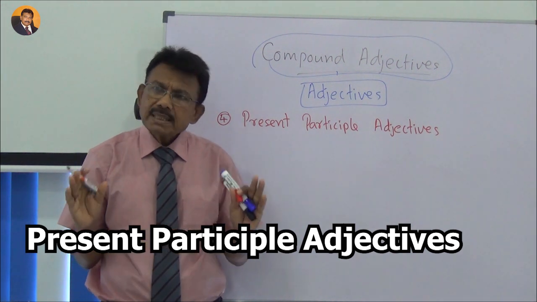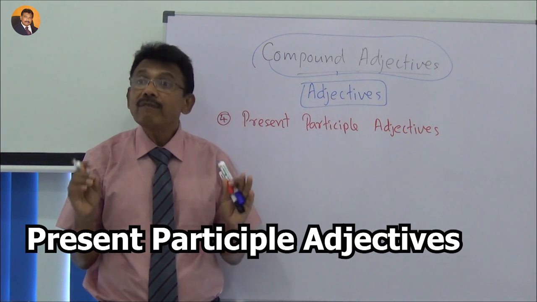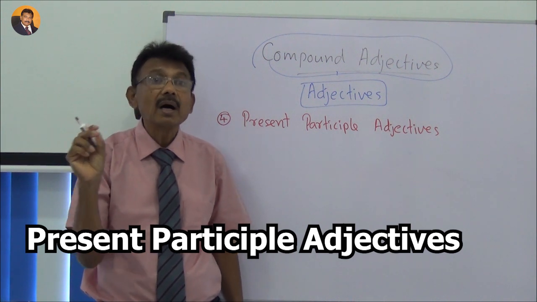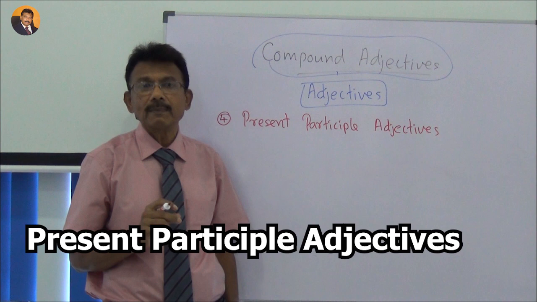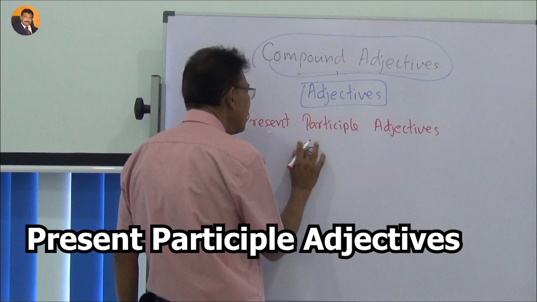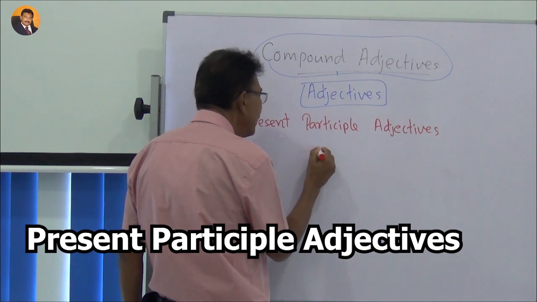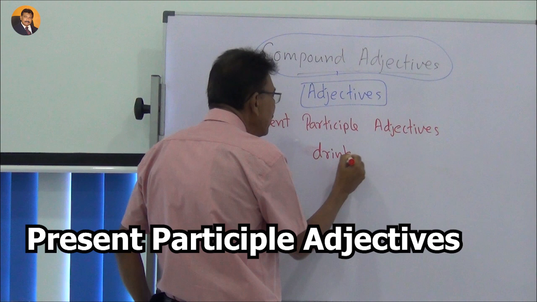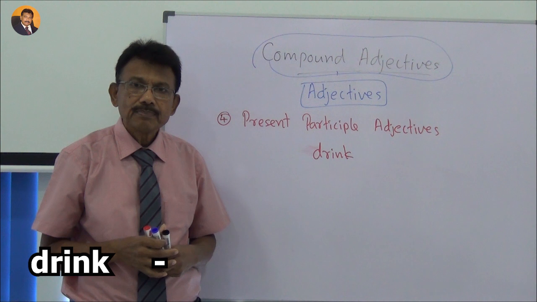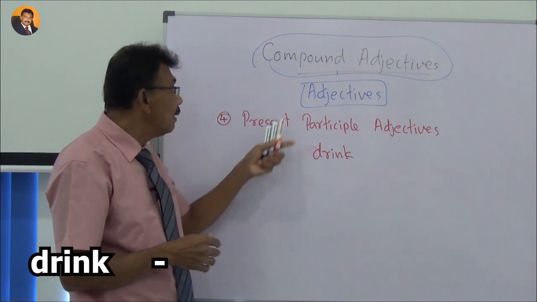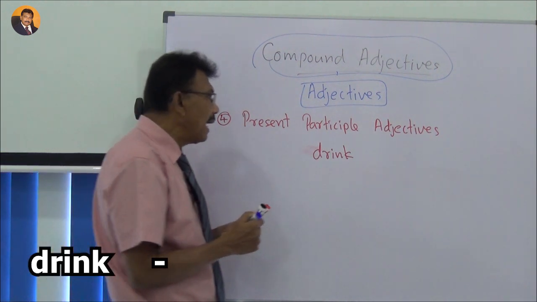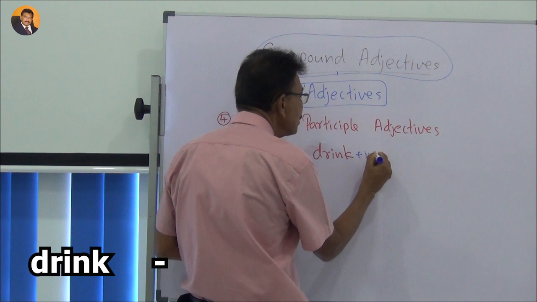Well, the present participle form of a verb is formed by adding ing to the present tense form of a verb. For example, here, let's say drink. Drink is a verb. If you want to form the present participle form of the verb, what you must do is add ing.